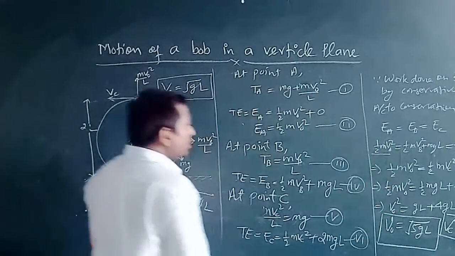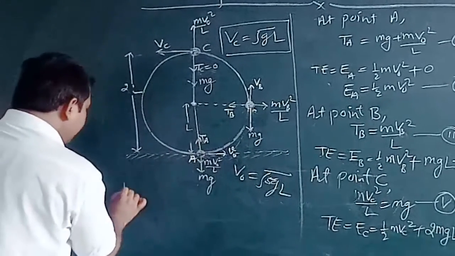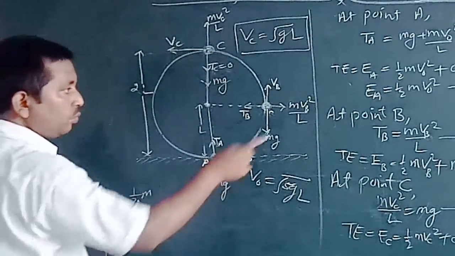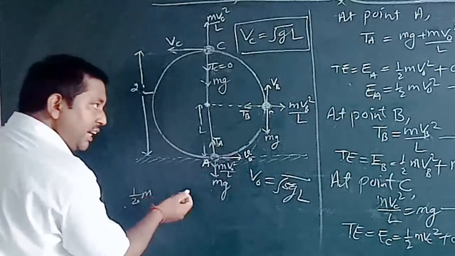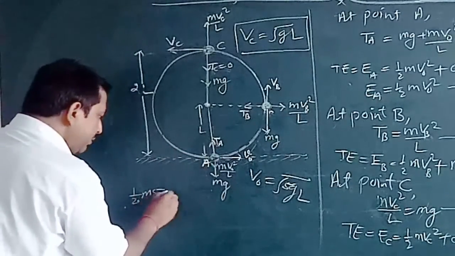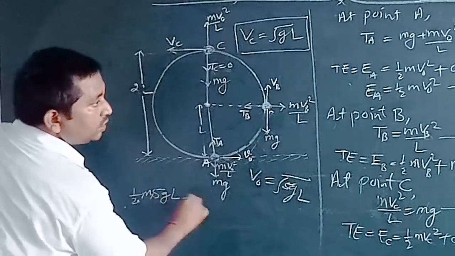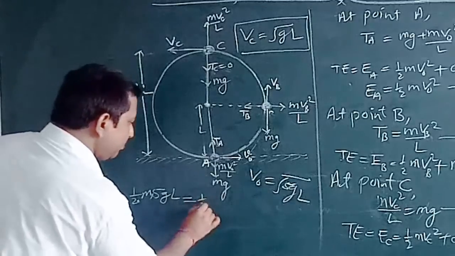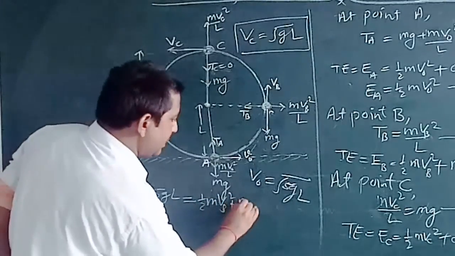So from here we get half of m v0 square, it means root 5gl, so square becomes 5gl, is equal to half of m vB square plus mgl.